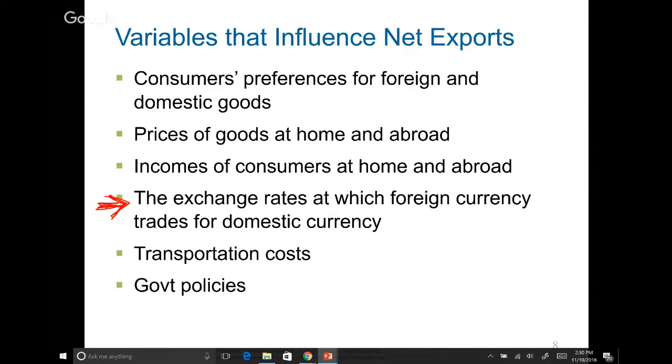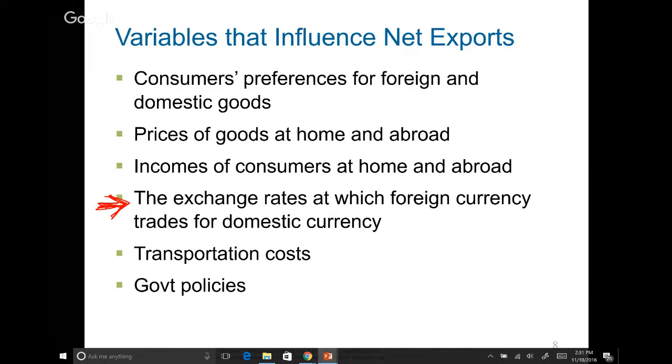The reason is that ever since Brexit in June, when the UK decided to exit the Eurozone, the British pound has become less valuable. So the US dollar becomes more valuable, the British pound less valuable, and all of a sudden everything sold in the UK is cheaper now. Even though the prices in terms of pounds haven't changed, because the exchange rate changed, those goods are cheaper in the UK now. Okay, so that's another factor for net export.